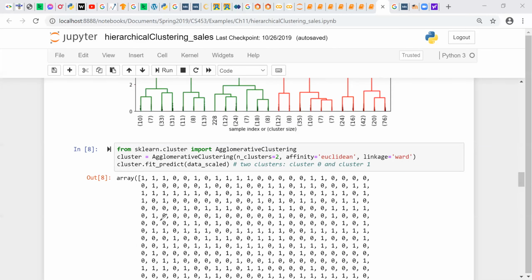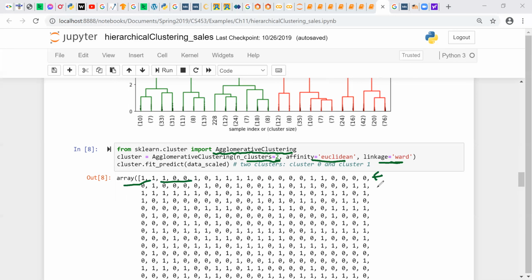We also learned that in sklearn you can choose agglomerative clustering. In this case, we say we want to choose just 2 clusters. And the linkage you can choose, and the distance you can choose Euclidean. And what are all of those values?